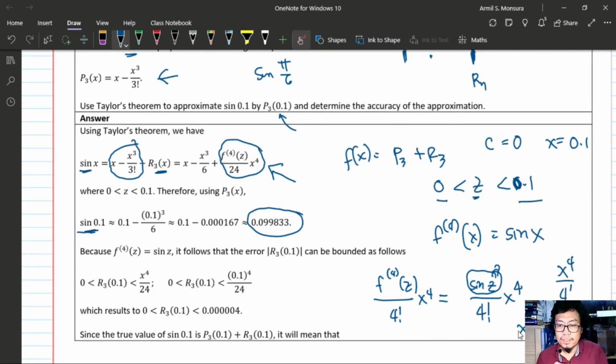So this error would be between 0 and x raised to 4 over 24.